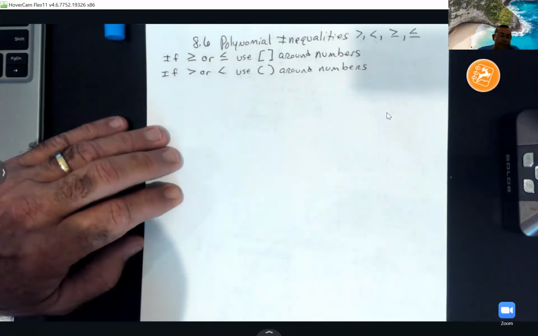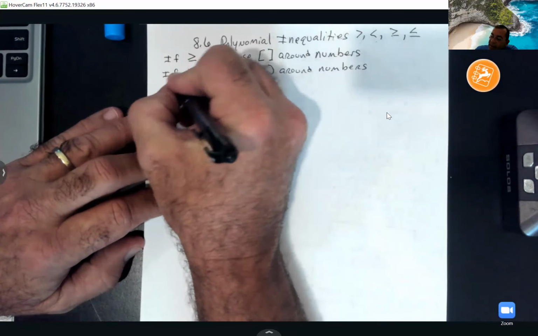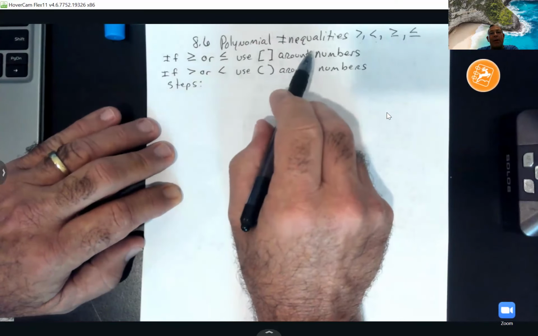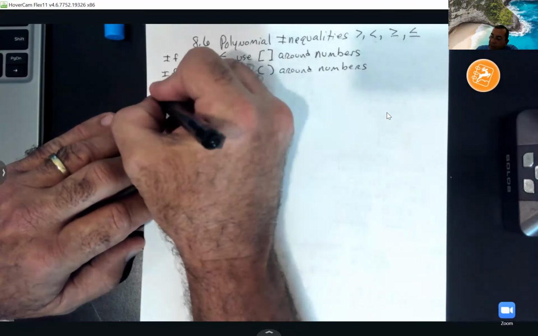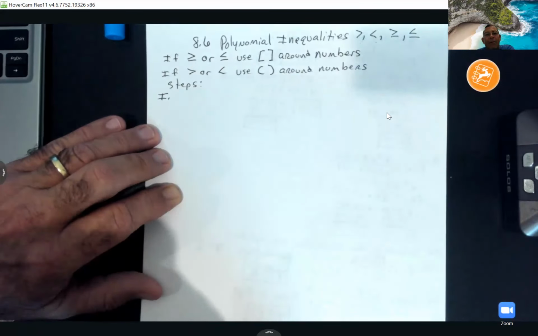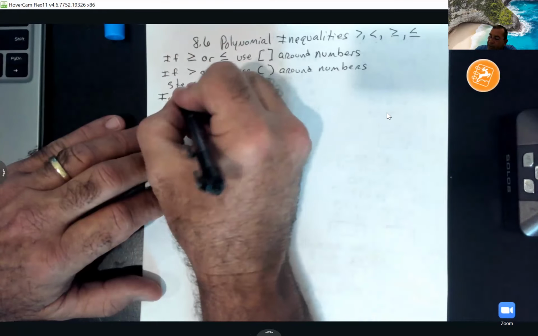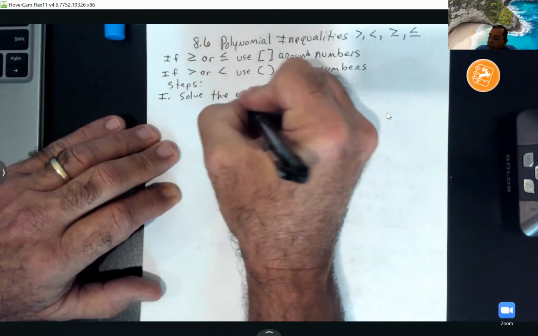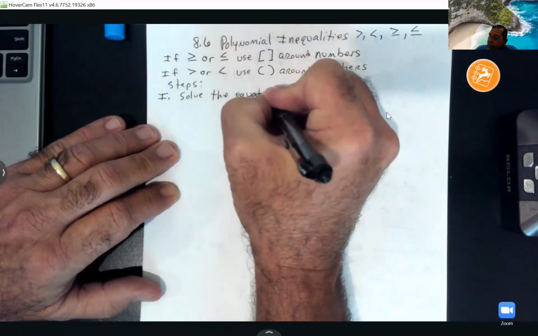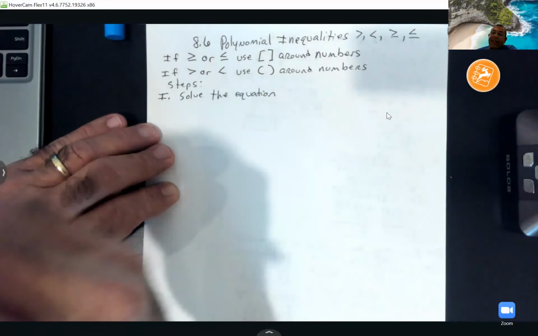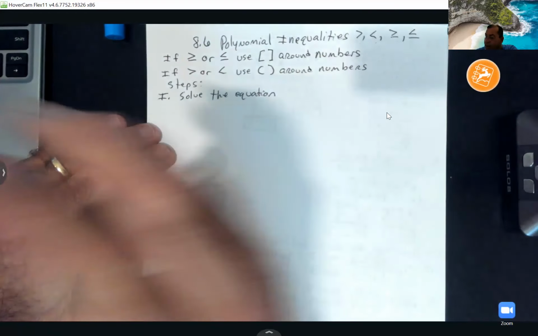So the steps to solving polynomial inequalities. The first thing I'm going to do is solve the equation. And remember, I'm going to solve that equation by setting it equal to 0.